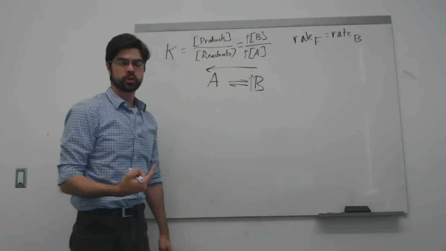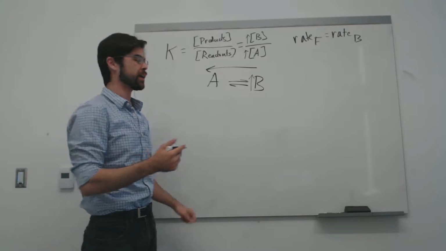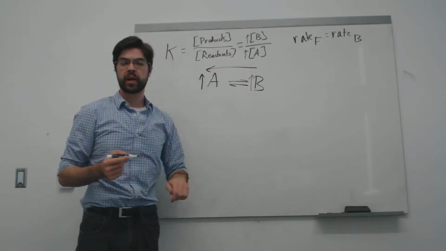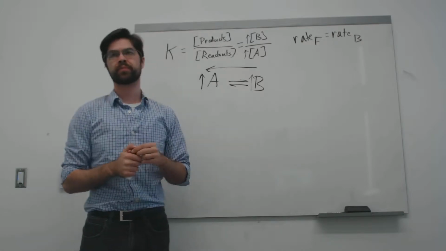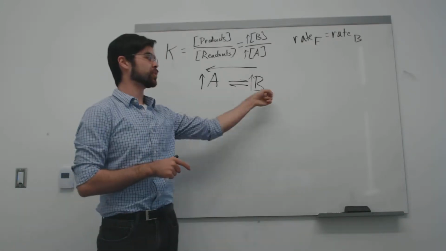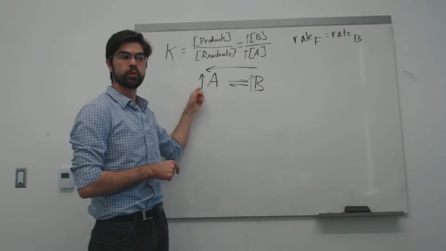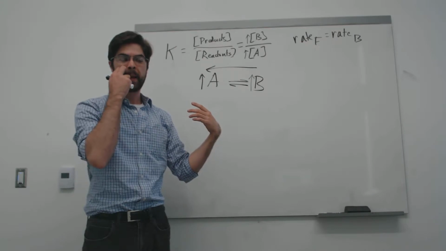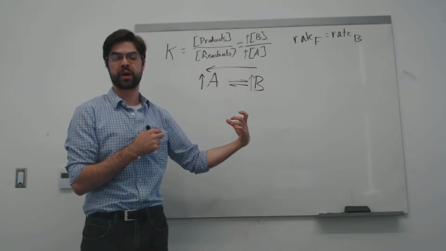quote unquote, to the left, is what we say, that you start generating a larger amount of reactant molecule. So when we say shift, we're basically saying, if I change the reaction system in one part by either adding a product or removing a reactant, how do the concentrations of everything else change in response to it?